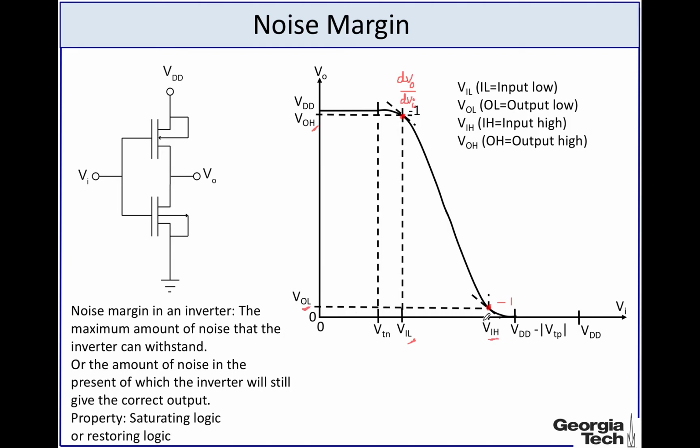And again, as long as the input voltage is between VIH and VDD, the output voltage will be in between 0 and VOL. Again, the shape of the inverter curves makes sure that a much larger variation of the input voltage, when it's supposed to be equal to VDD, is translated into a much smaller change in the output voltage.